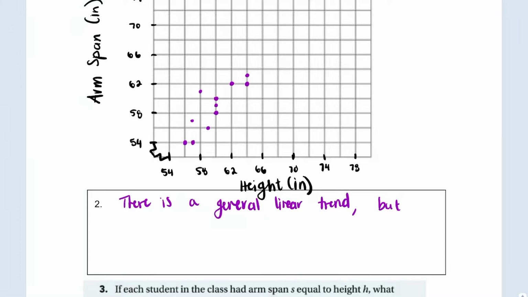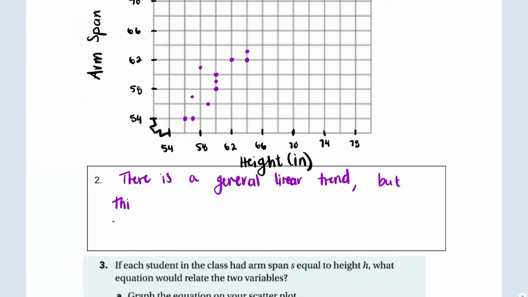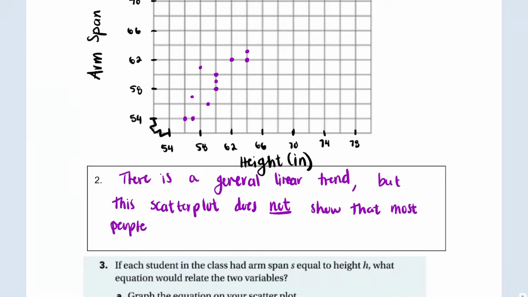So I'm going to say that this scatter plot does not show that most people's arm spans equal their heights.